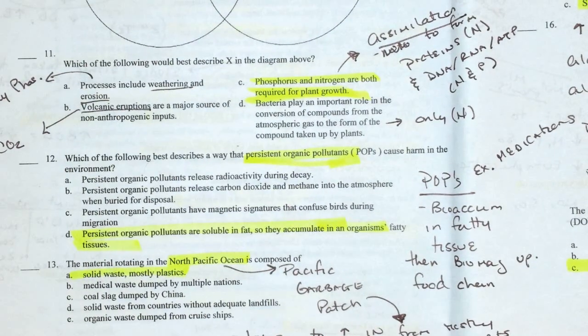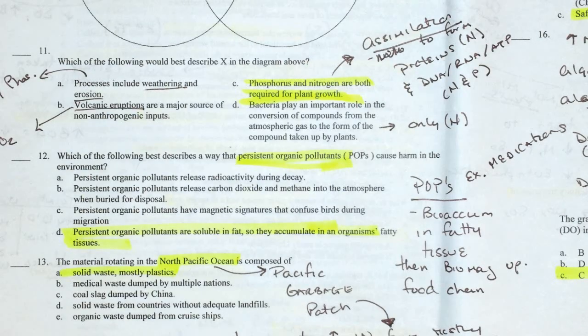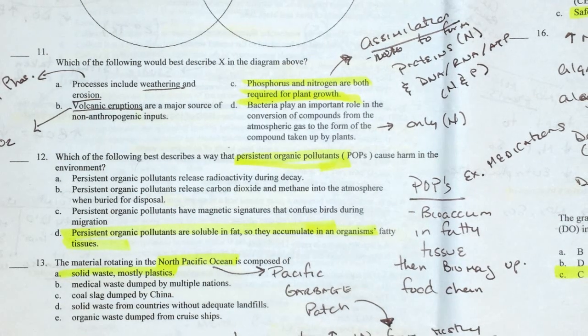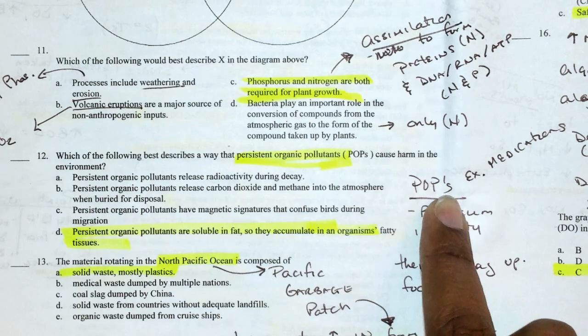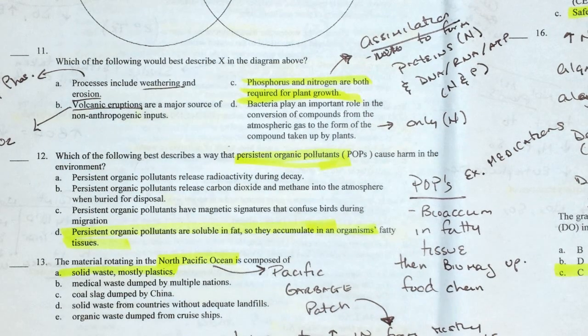All right, which of the following best describes a way that persistent organic pollutants cause harm to the environment? Persistent organic pollutants are soluble in fat, and they accumulate. Yes, POPs are going to accumulate in your fat cells and fatty tissue. They cannot be peed out. They're not water soluble.